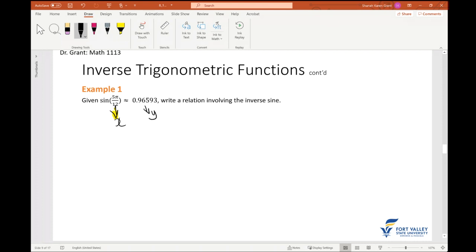So when I'm doing the inverse, I'm going to switch the points. So that means sine inverse of 0.96593 is equal to 5 pi over 12.